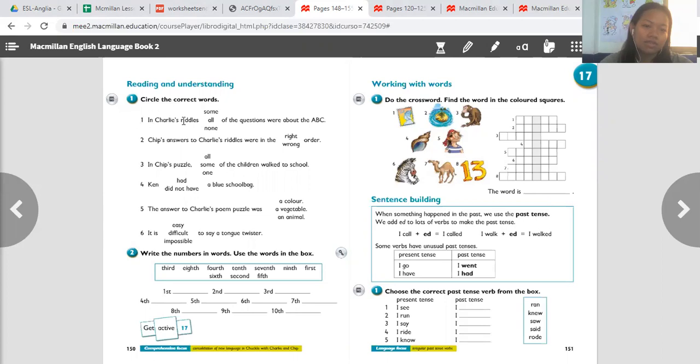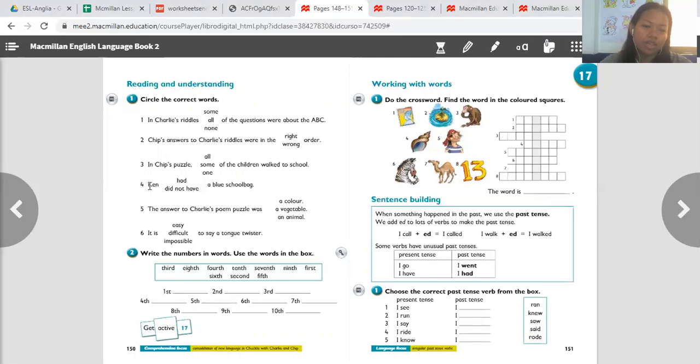In Charlie's riddle, some, all, none of the questions were about the ABC. Number 2, Chip's answer to Charlie's riddle were in the right or wrong order. Number 3, in Chip's puzzle, all, some, and one of the children walked to school.